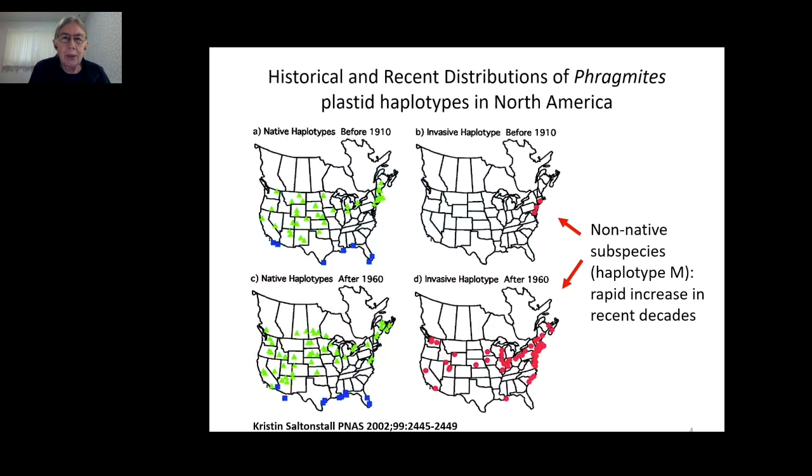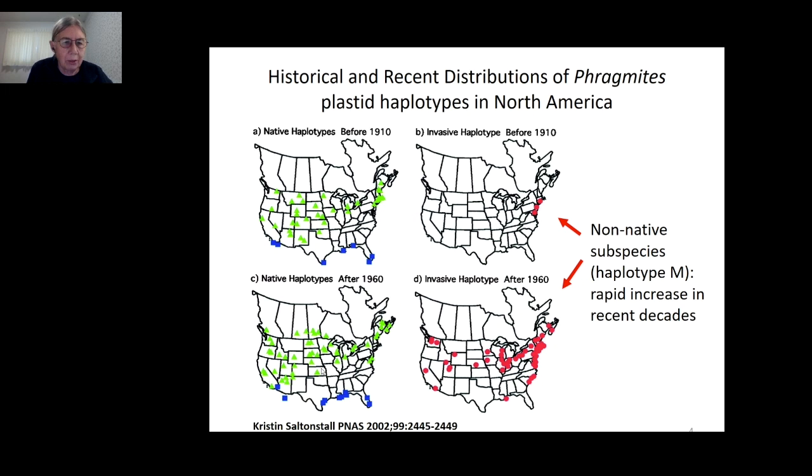Now, this shows the work she did, where she looked at old and new samples of this species in herbarium specimens. The old specimens were mostly of genetic forms, according to the markers, that were all native, and only a few on the eastern coast of North America were non-native.